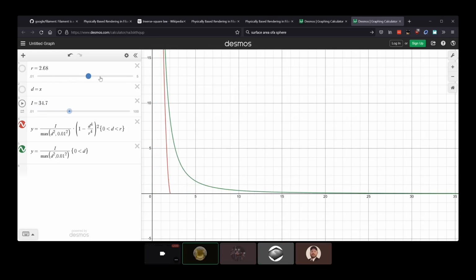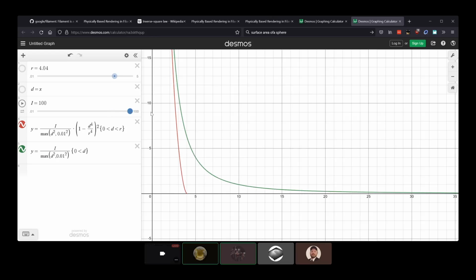So I guess this is fine, assuming that the intensity and the radius are in lockstep of each other. If you have a super bright light that is also a really tiny radius, it's just always going to look wrong. Because I'm going to put this up to 50.